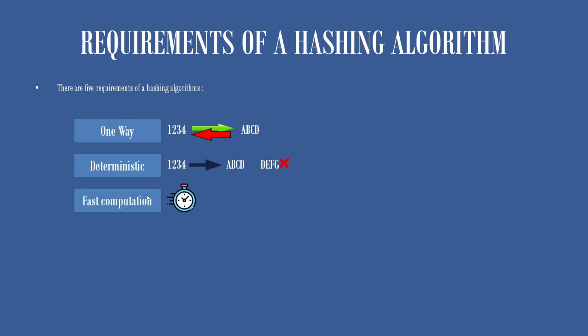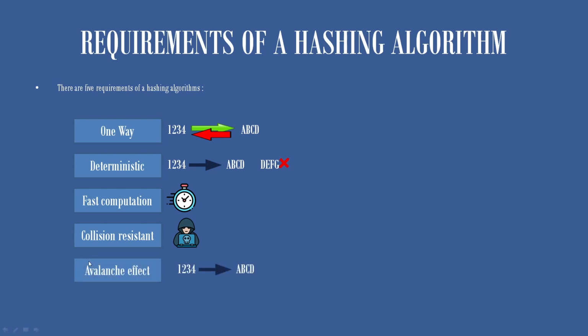The next one is fast computation. It should convert the data into encrypted data really fast, otherwise it will take a long time to make a single block, and then the blockchain won't be a scalable technology. The next one is collision resistant: no hacker can decrypt the encrypted data easily.